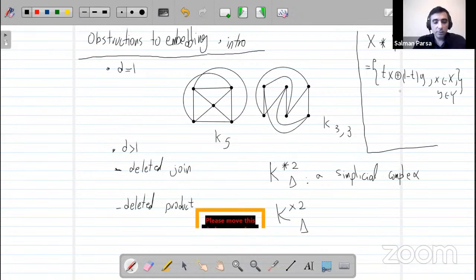Yes, we can do that. Or we can take this plus to be some kind of formal sum, or think of X and Y as embedded into two skew subspaces in some very high-dimensional Euclidean space, and then we can take it to be the real summation of these vectors. There are also other definitions of the join.